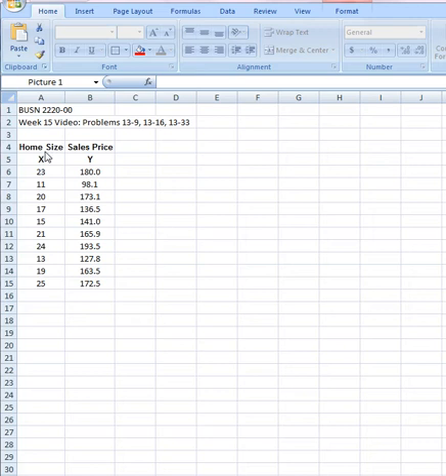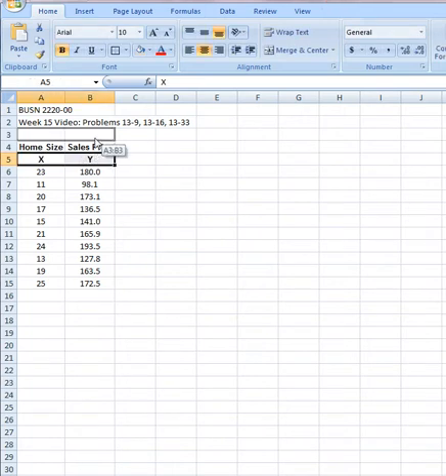I put the X, the independent variable, in the first column, the left-hand column, and the Y value, the dependent variable, in the second column. That makes things a lot easier for Excel to interpret. So I'm going to reverse the order of these, X and Y.